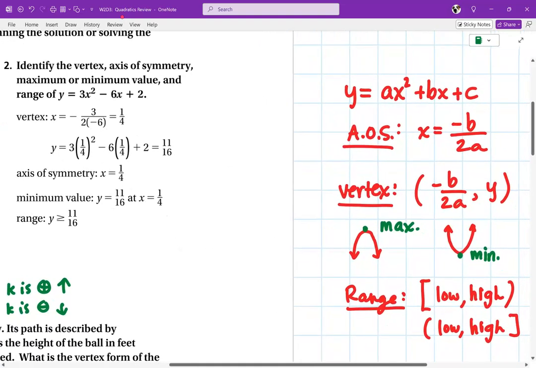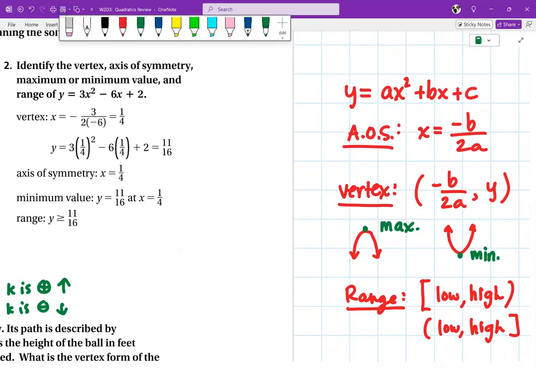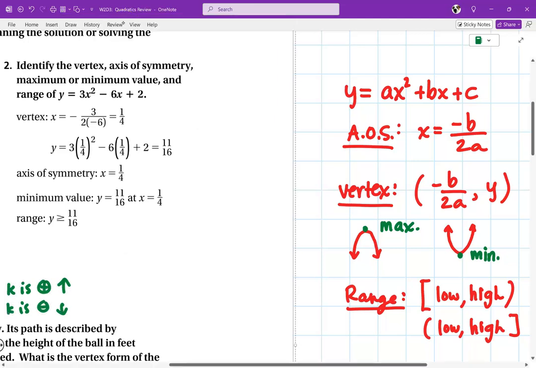Okay, so let's look at this problem. It says identify the vertex, the axis of symmetry, the max and min value, and range. First thing I'm going to look at, I notice my a term is positive. If my a term is positive, what should I have, a maximum or a minimum? A minimum.